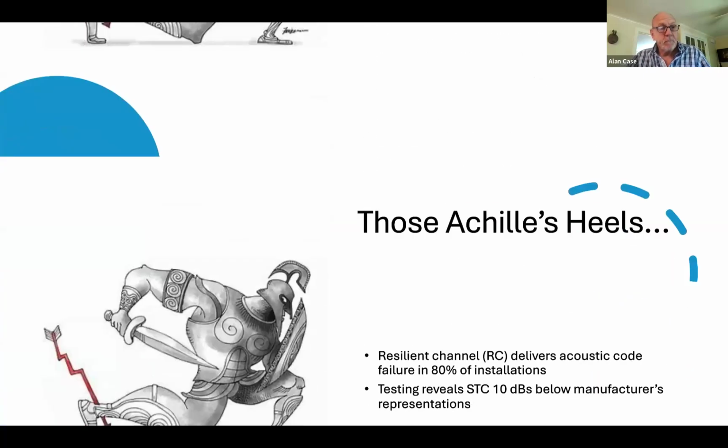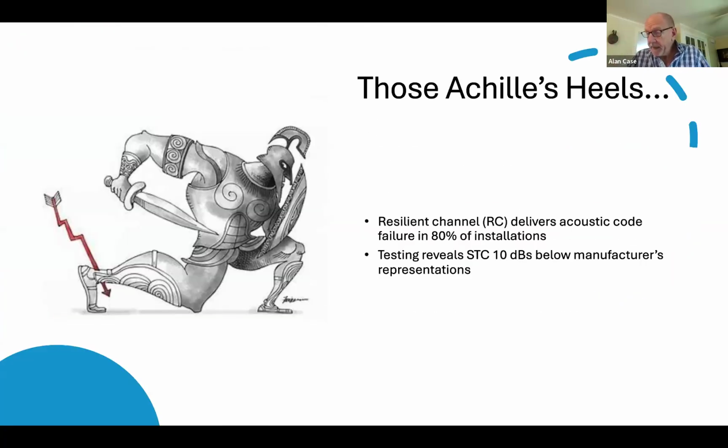Resilient channel, which was brought into the market back in the 70s, is extremely popular. It's used ubiquitously across wood frame construction, but it has real problems. It's not very effective in the sense that you're transferring the noise energy into a long strip of metal, which is transferring it pretty directly to the gypsum board.